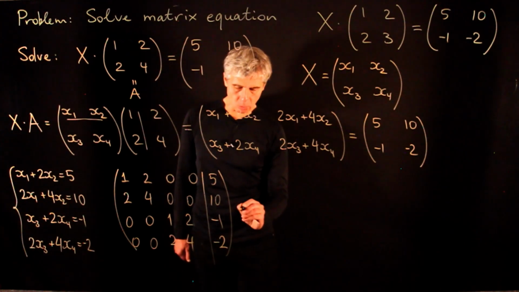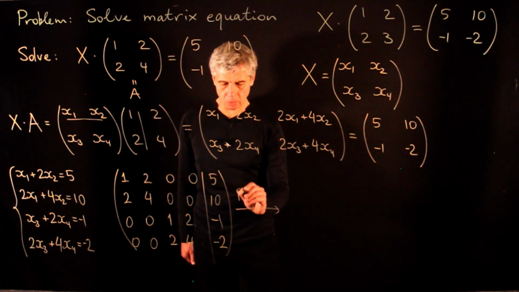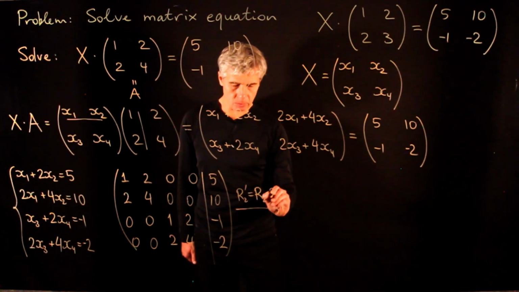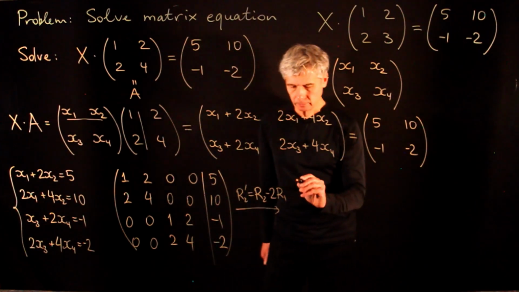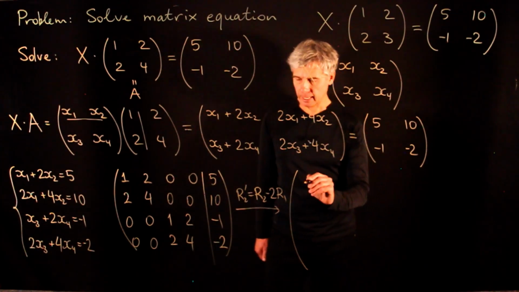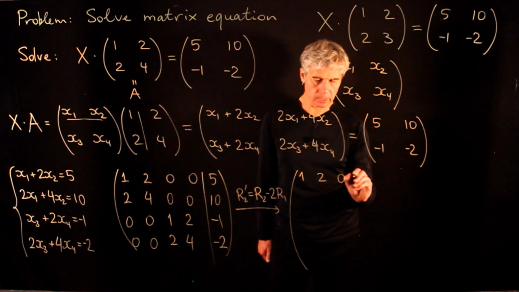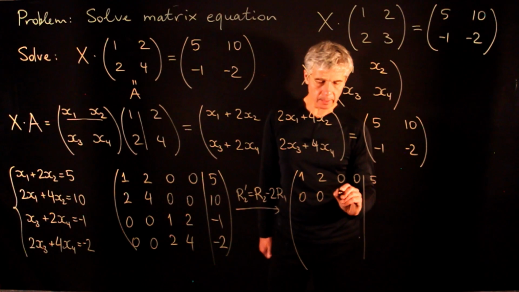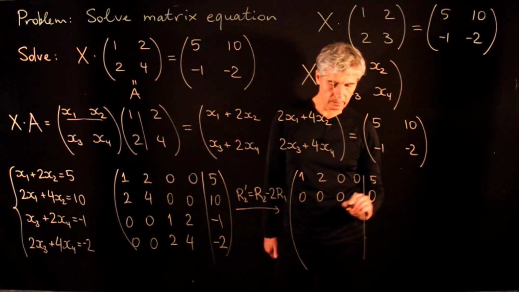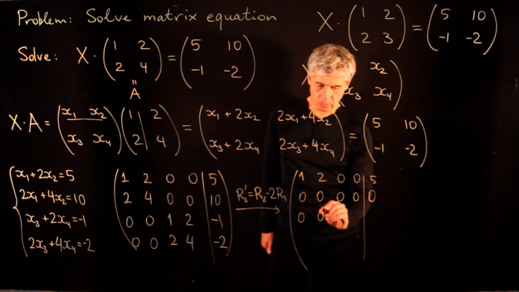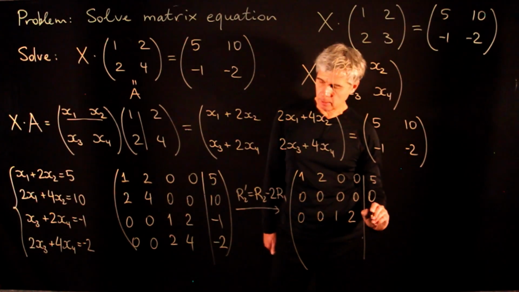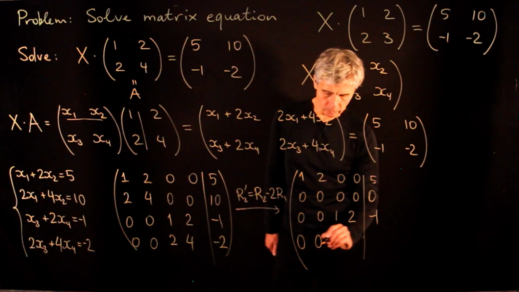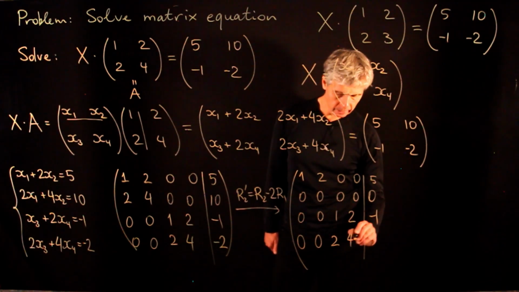So now we do row reduction. We say row 2 new is row 2 minus 2 times row 1. So we get 1, 2, 0, 0, 5, and the second row will disappear. And 0, 0, 1, 2, negative 1, and 0, 0, 2, 4, negative 2.